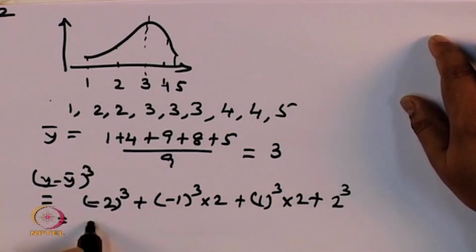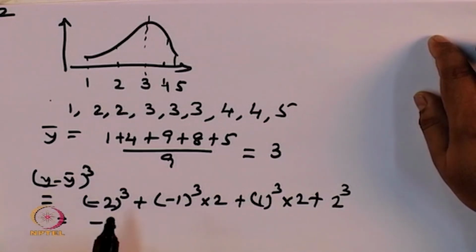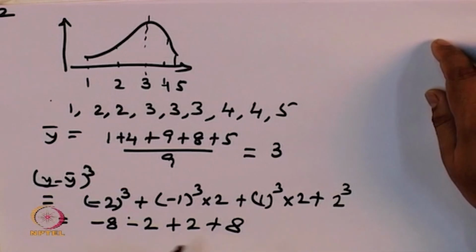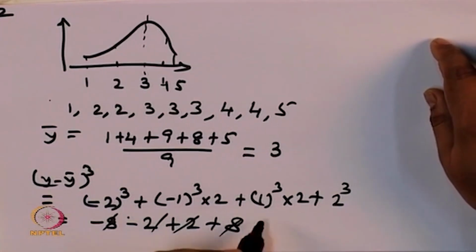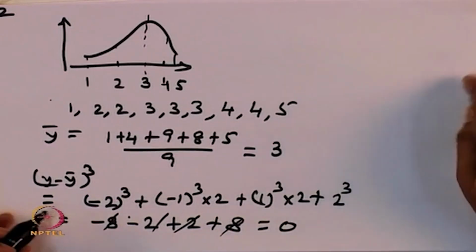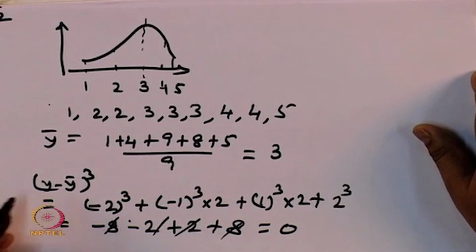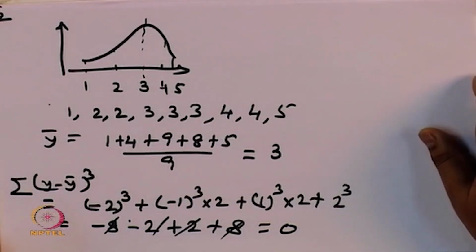So, I have minus 8 here, minus 1 minus 1 here, plus 2 here and plus 8 here. So, these exactly balance each other out, and for this distribution I get the summation of y minus y bar whole cubed to be 0.